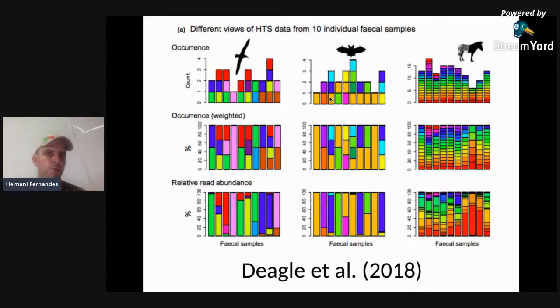Can we make this comparison and use the amount of DNA that we found from one species in a place as count data, or to represent the abundance of this species in the environment or in that place? This is a very tricky thing to do. There are systems where this works, other systems where this doesn't work, and you need to investigate this more or less case by case in order to be able to use this or not.